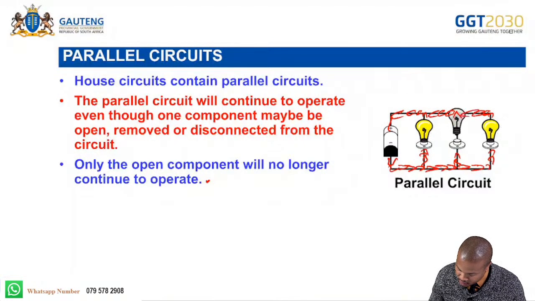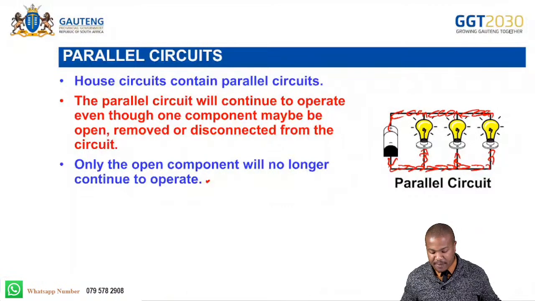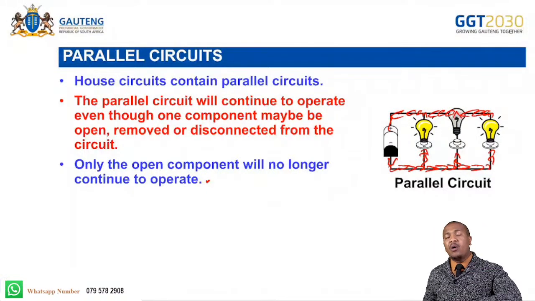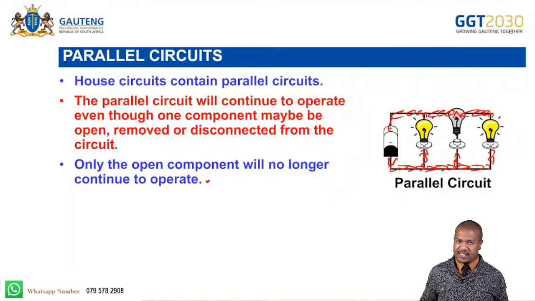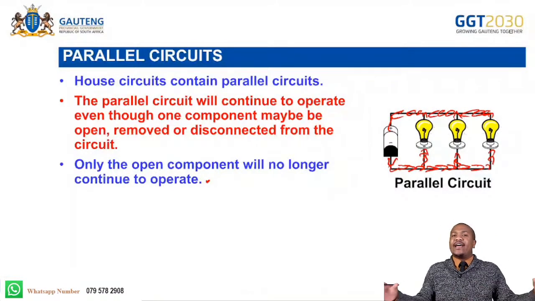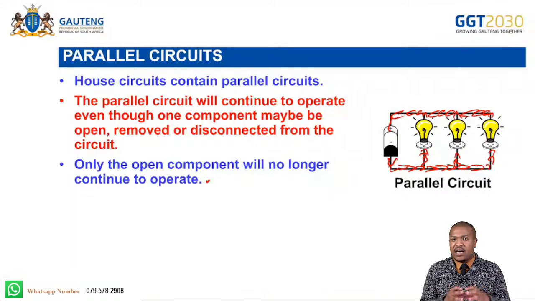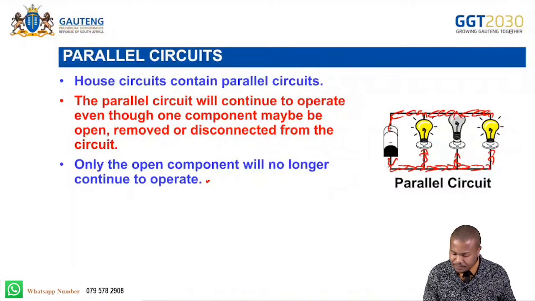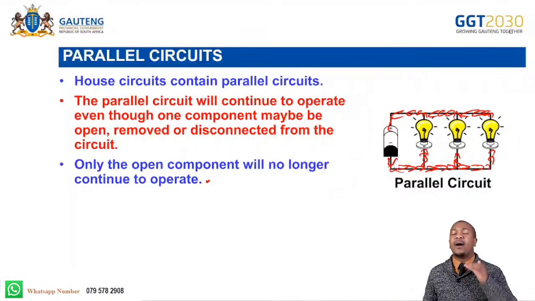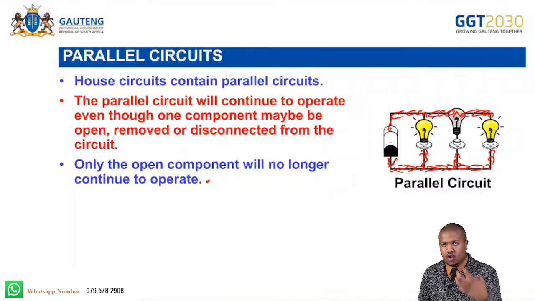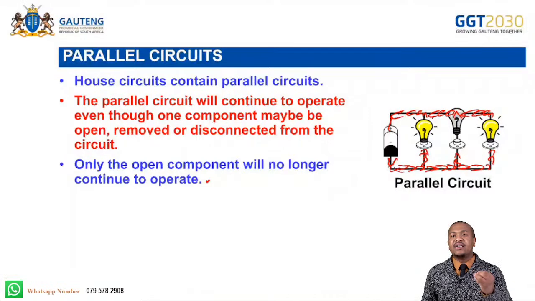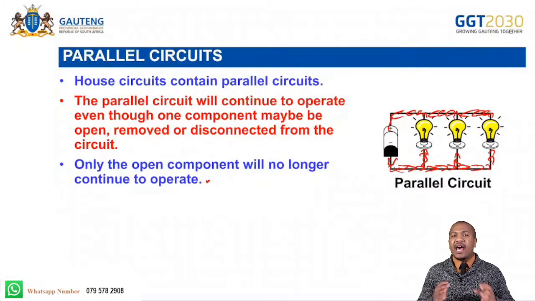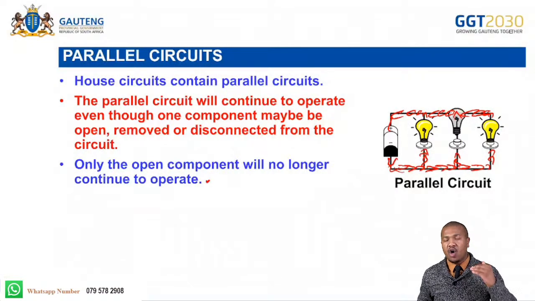But look at this now. When one component is removed from the circuit, the other two light bulbs are still lit. They are still on. This is because current has many pathways to pass through, unlike a series circuit where you remove one component and the whole circuit is not operating.